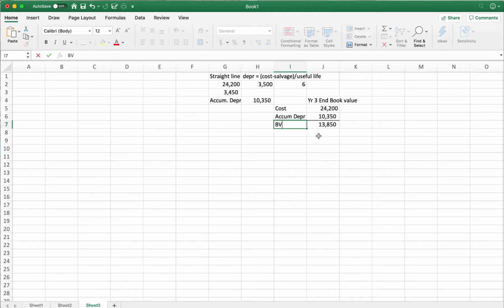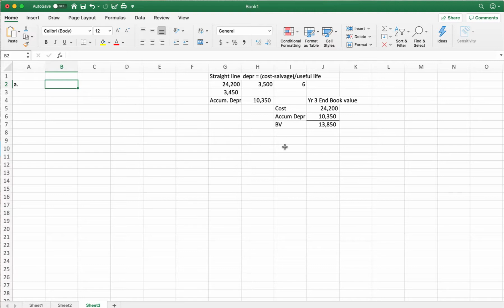Okay. So we have our information here that's going to help us, right? So the first thing that they ask us to do in part A says, okay, what is the entry to book depreciation in year 4, the date of disposal, right?